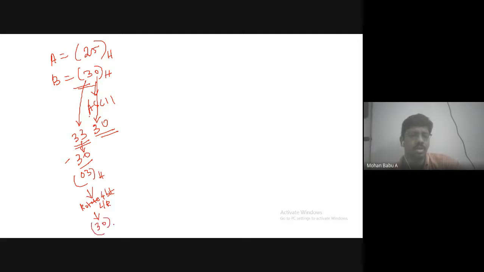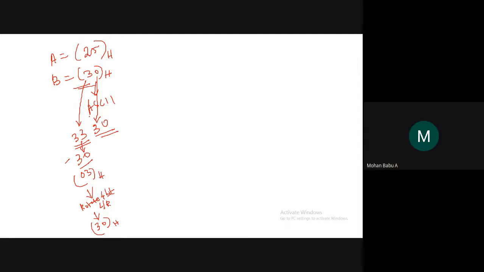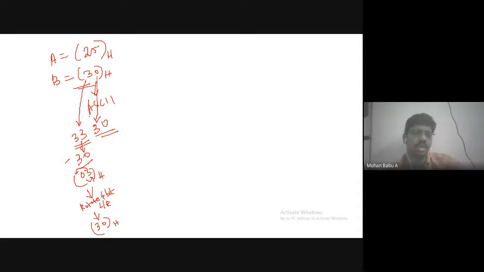I already told you, if you rotate any 8-bit number by 4 bits to the left or right, this number goes to this position, and this number goes to this position. If you have any doubt, just convert this number into its binary equivalent and shift left or right by 4 times, you will get the shuffled number. You will get 30 as the output.